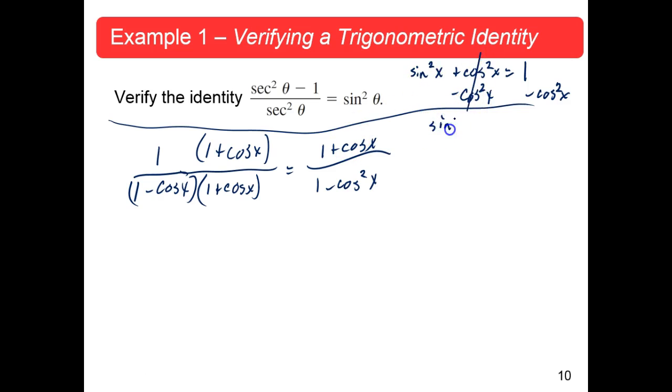You have sine squared x is equal to 1 minus cosine squared x. Well, that's what your denominator is, 1 minus cosine squared x. So what does it become? 1 plus cosine x over, what is 1 minus cosine squared x? Sine squared x.